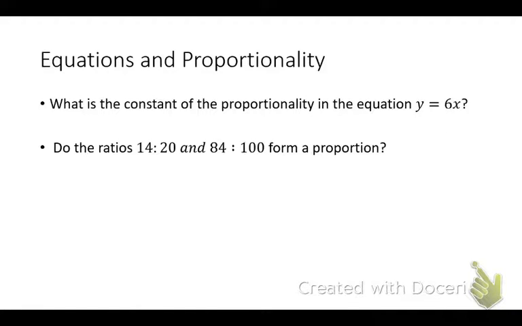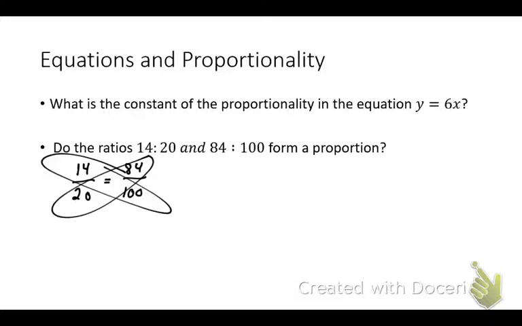Do the ratios form a proportion? So what you need to do on this problem, did we do this one on Friday? Okay, is you need to put both ratios into a fraction. 14 over 20 equals 84 over 100. Okay, now there's two ways that you can tell whether or not it forms a proportion. One way works sometimes. The other way works every single time. The way that works every time is something that we call cross products.